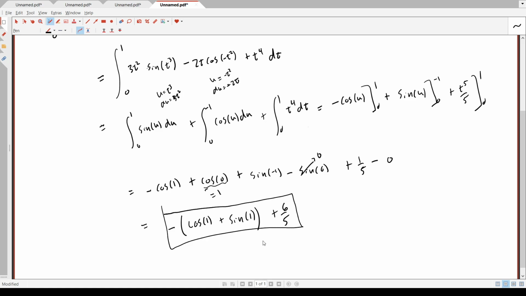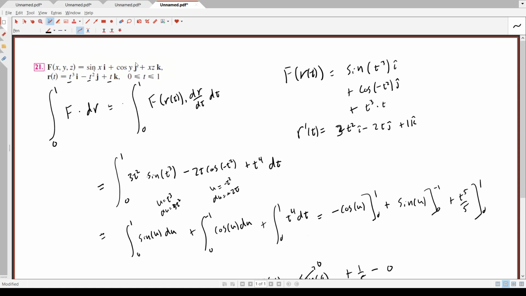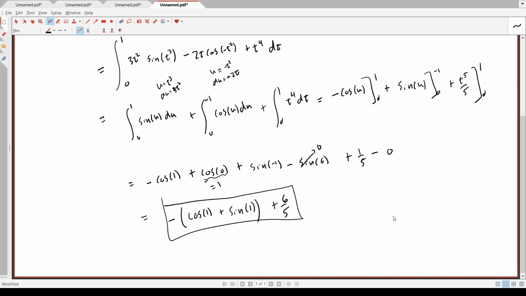Okay, and that's how I do the line integral of a vector field. I'm given a vector field, and I'm given a curve that I want to integrate this over. And again, remember what this actually corresponds to. I have this vector field, with vectors going in whatever direction they want. But if I have a curve along the line, I want to add up the components of these vectors in this direction.